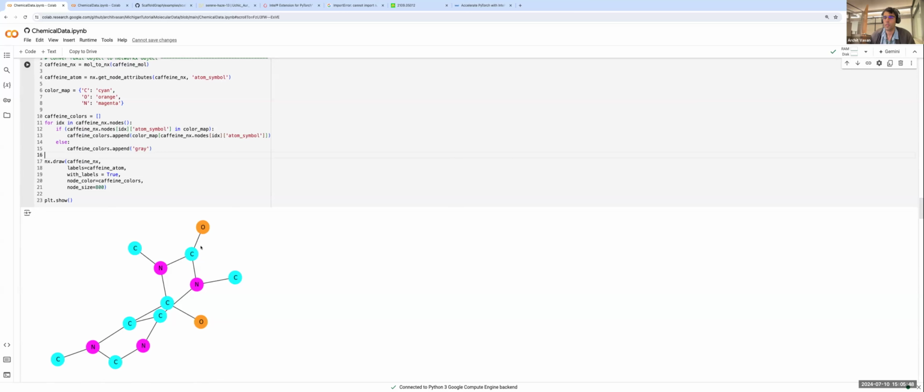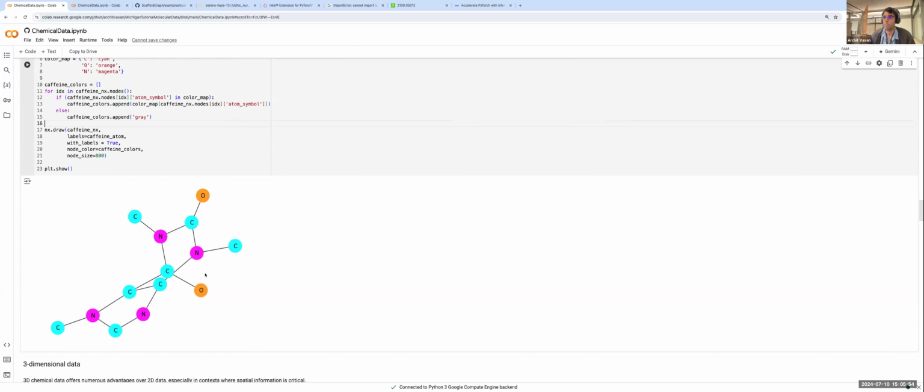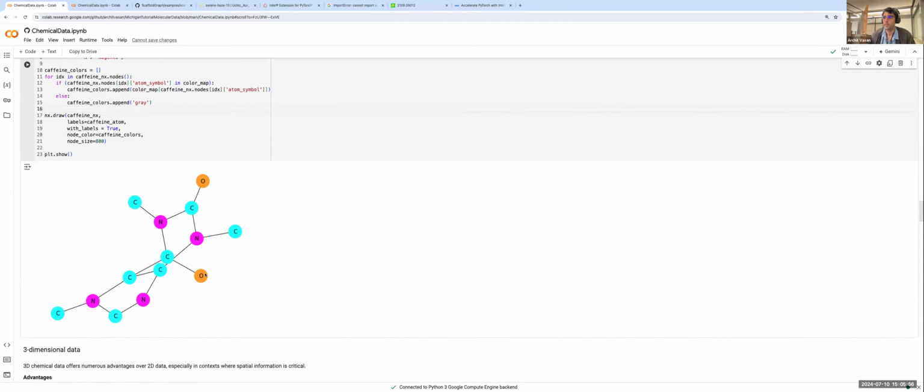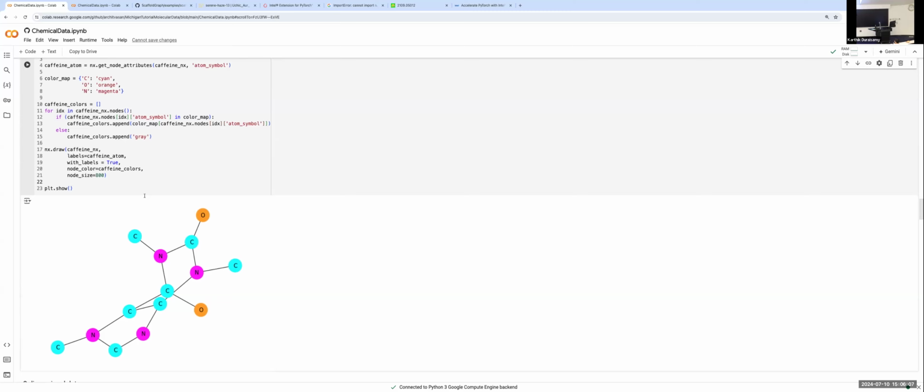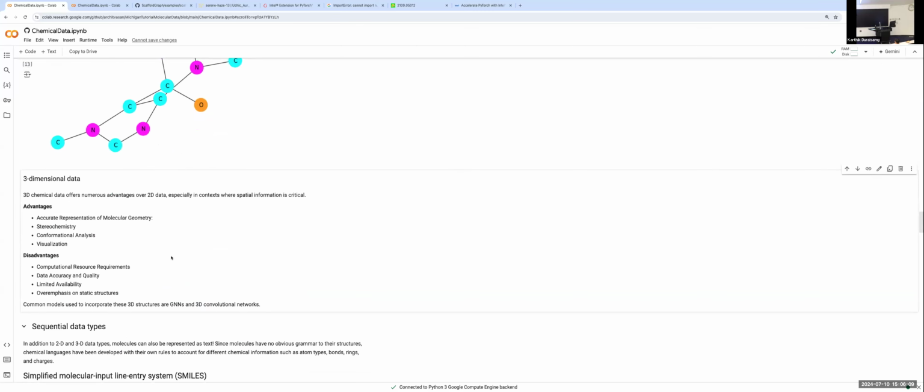So this is a graph structure that you can then input into your GNN model. Is everybody following along, or are there any questions as I go through this? Yeah, good so far. Okay, cool.